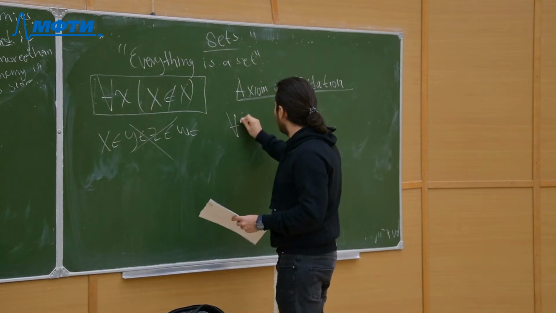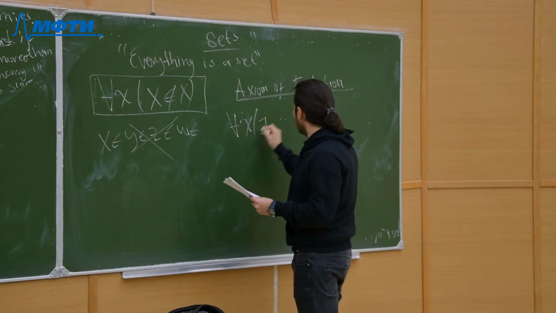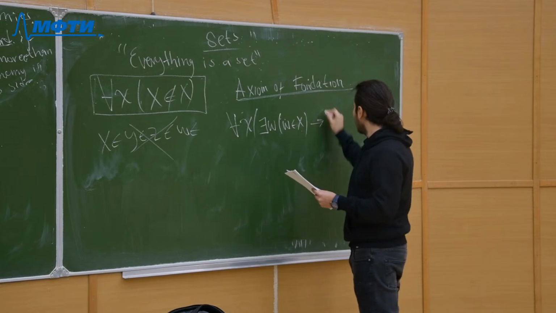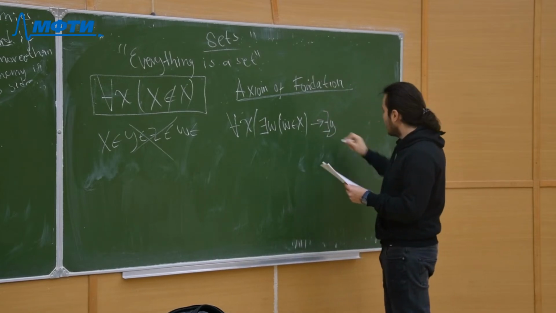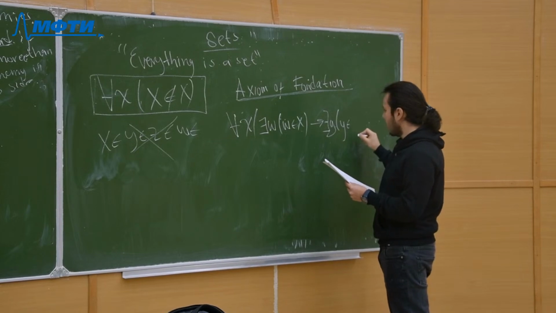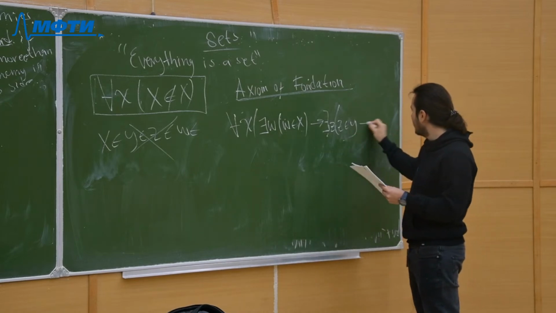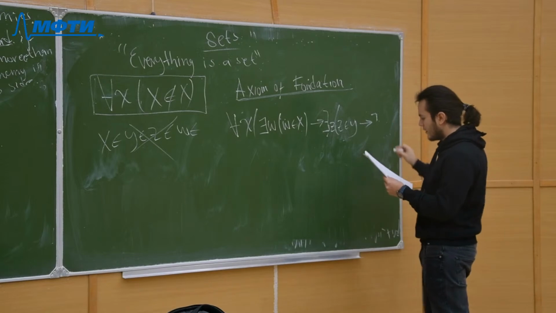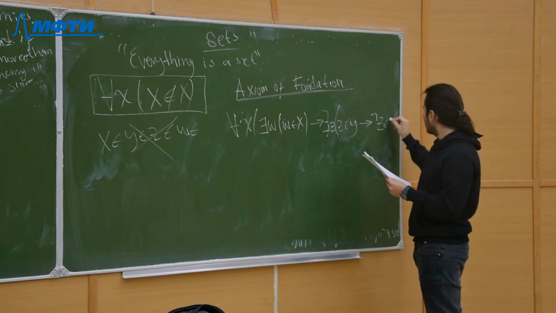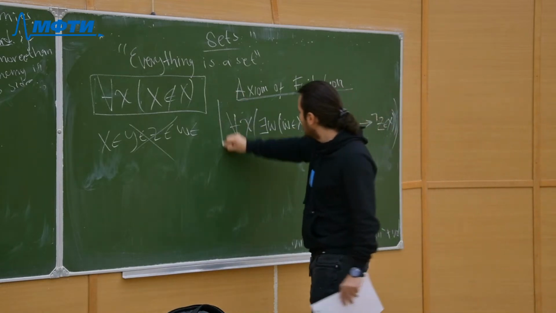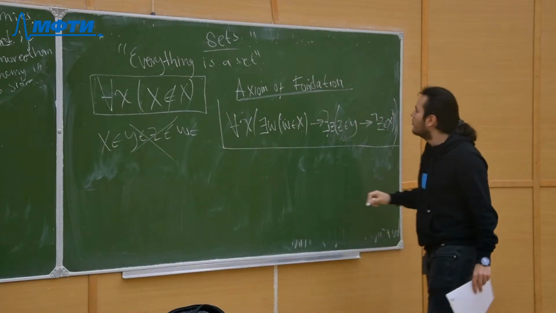For all x, if x is non-empty, then there exists y such that y belongs to x, and there exists z such that z belongs to y, then z belongs to x. So this is the statement of the axiom of foundation.